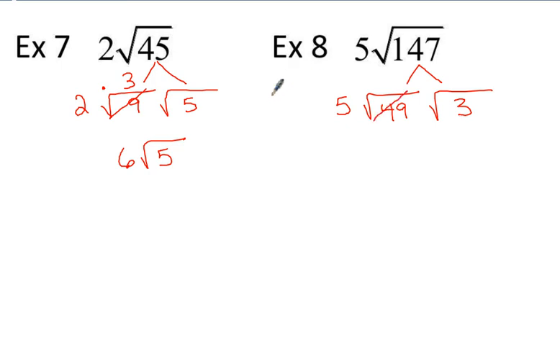I'm going to cross this out because the square root of 49 is 7. And remember, because they're both outside and they're next to each other, that means multiply. So 5 times 7 puts it at 35 square roots of 3.